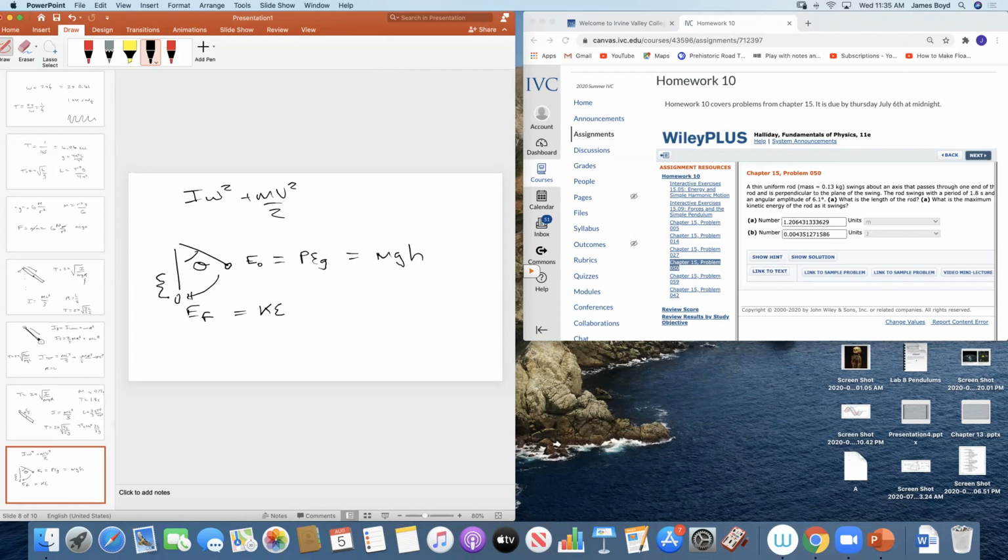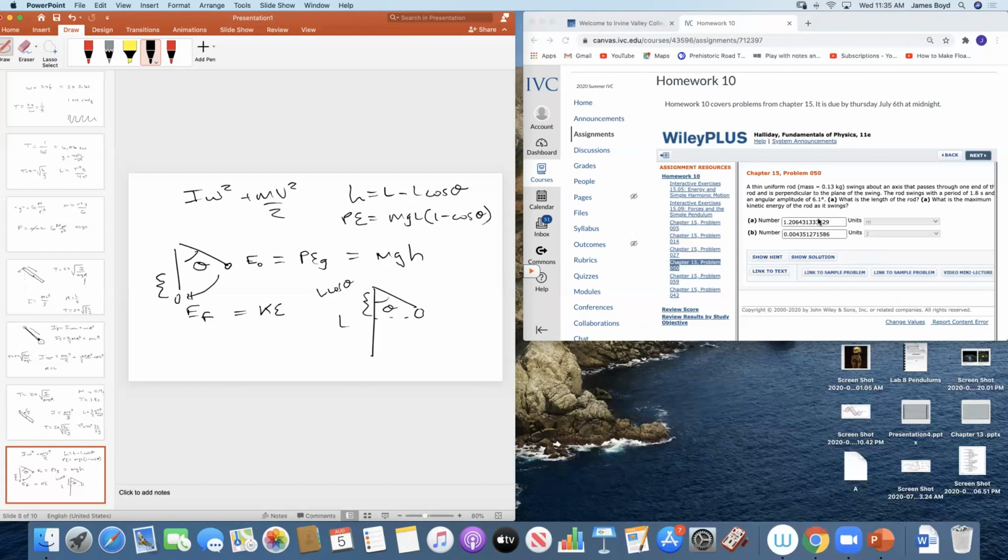If this whole thing is L and this is at some angle, then this little distance here is L cos theta, and h is therefore L minus L cos theta, or the potential energy is mgL times 1 minus cos theta, where theta is given to us as 6.1.